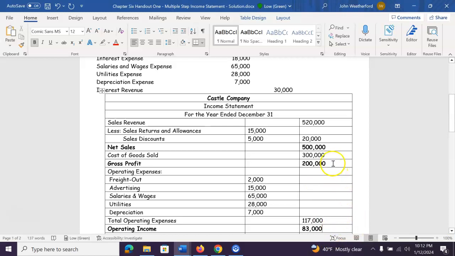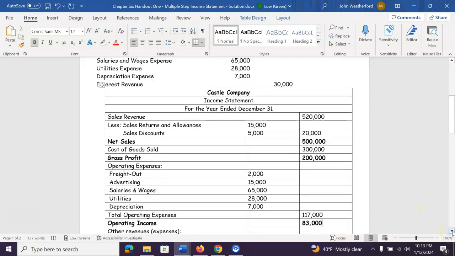And you can think of gross profit as really your markup. How much did we sell the inventory for above what we paid for it? And then out of that markup or gross profit, we have to deduct our operating expenses. So we come to operating income of $83,000 in this case.